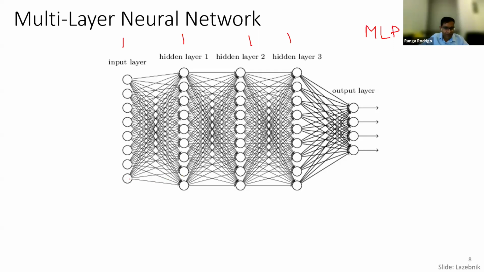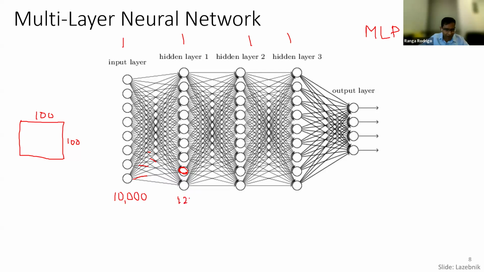In a multi-layer perceptron, if you take a node here, it is connected with all the nodes in the previous layer, all of them. Let's take, for example, a 100 by 100 image. That means 100 by 100 pixels, which is 10,000 nodes. Here you have, let's say, 120 nodes.